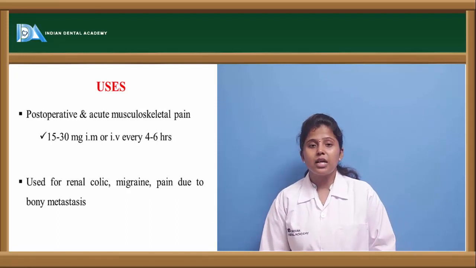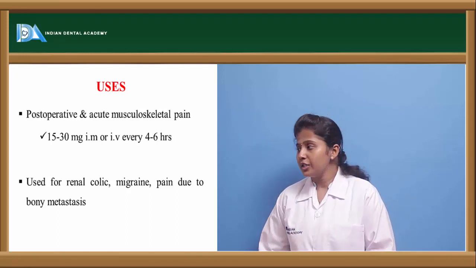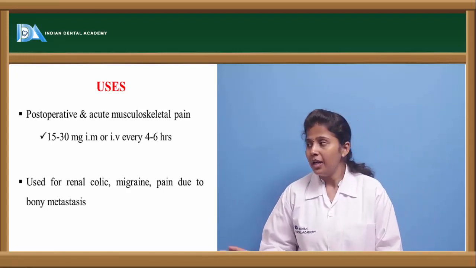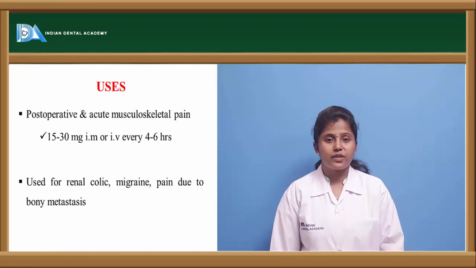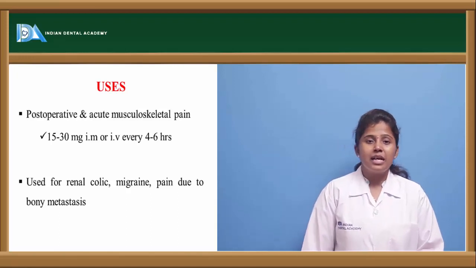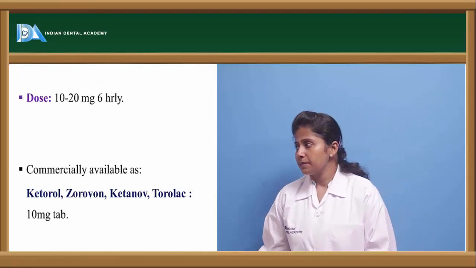And it is used in renal colic. So if there is any pain in the renal region, then it is also given, and it is used to relieve the pain in migraine and the pain which is caused because of bony metastasis. So if there is any pain in the bone as well as the renal system as well as in migraine conditions, this Ketorolac is mostly preferable.